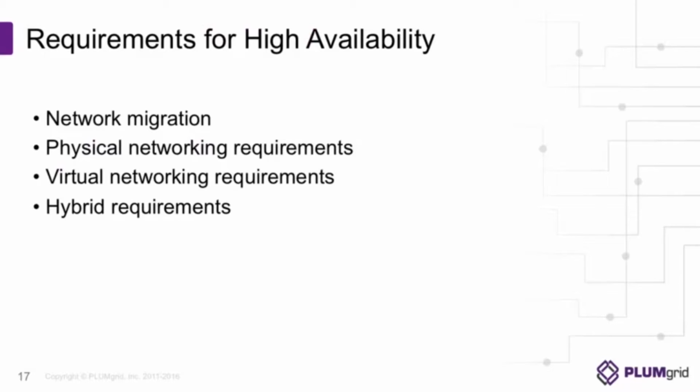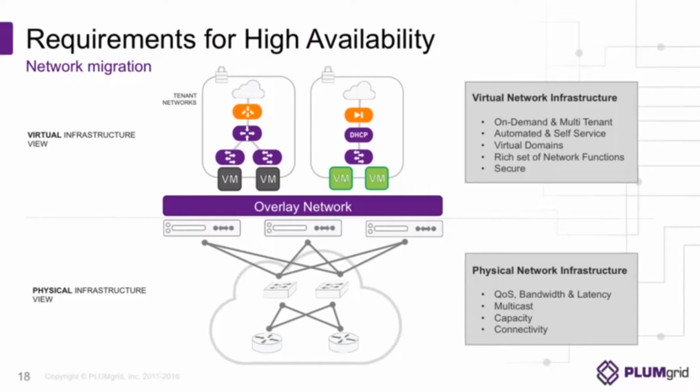So first of all, regarding network migration, as data centers evolve and people bring in OpenStack or even other cloud management systems into the data center, there's a trend one can see of moving from physical infrastructure to virtual networking infrastructure.